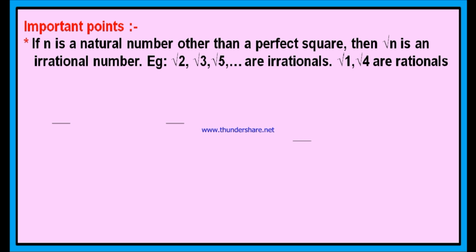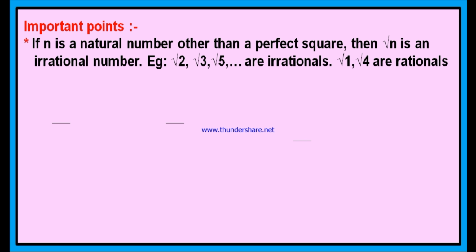Understood? Okay. Now, if I ask root 81, how can you say that whether it is a rational number or it is an irrational number? What can you say? Good. Root 81, you can write root 81 is equal to 9, a rational number. Since 81 is a perfect square, square root of 81 is a rational number.